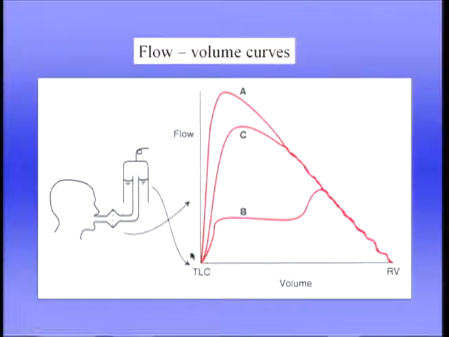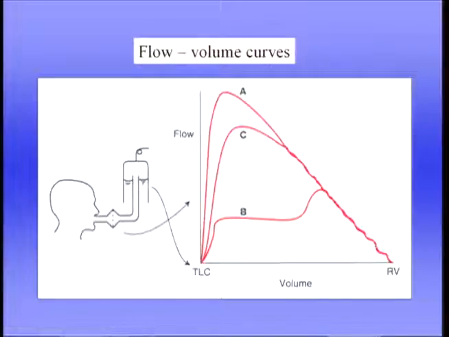Even more surprising, perhaps, is if we ask somebody to take in a full breath and breathe out rather leisurely during the first part of the expiration, and then accelerate and breathe out as hard as he can. Again, remarkably, the flow rate increases to this envelope shown here and then decreases down the same path.